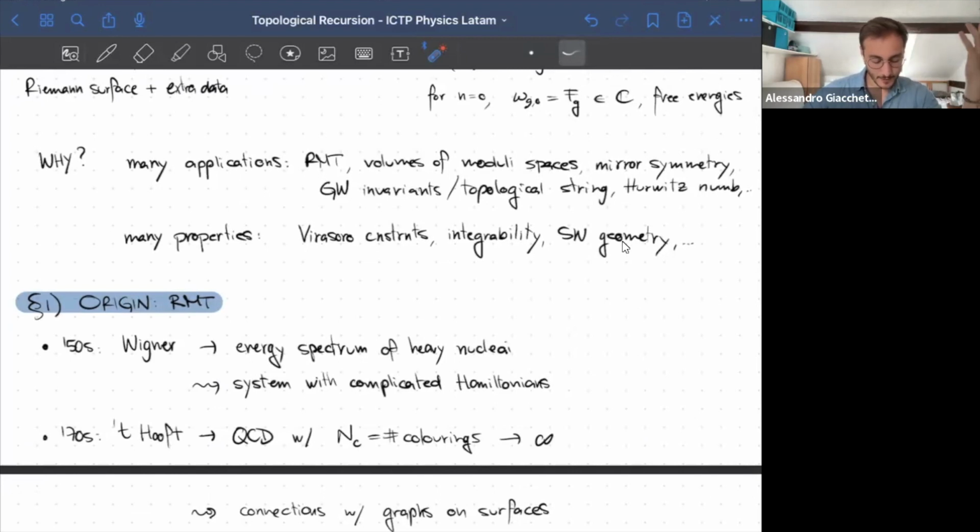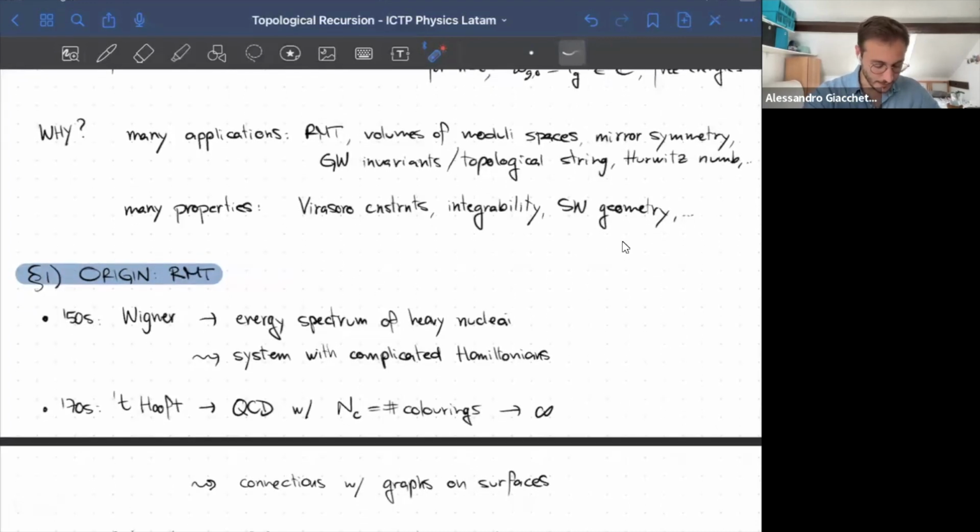One of the first breakthroughs of random matrix theory is from the 50s, when Wigner was trying to describe the energy spectrum of heavy nuclei, and he managed to do that using random matrix theory. From that point on, random matrices were used to describe systems with complicated Hamiltonians and complicated length spectrum.